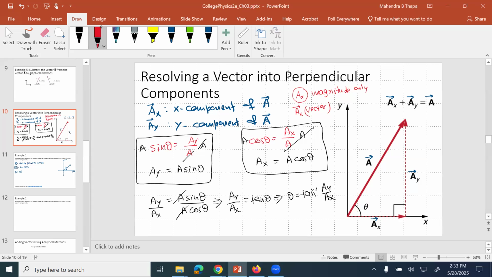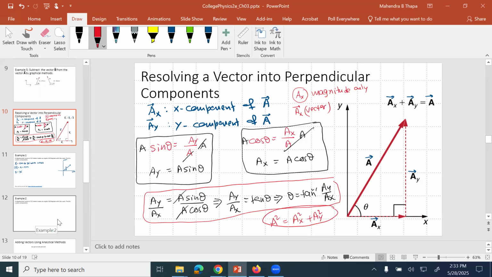This is just doing the algebra a few steps. Similarly, by the Pythagorean theorem, A squared equals AX squared plus AY squared. So by using trig, we can find the x and y component of any vector. The step to remember is that AX equals A cosine theta and AY equals A sine theta, but be careful that this angle theta is with respect to x-axis. If you do it for the y-axis, they will flip.